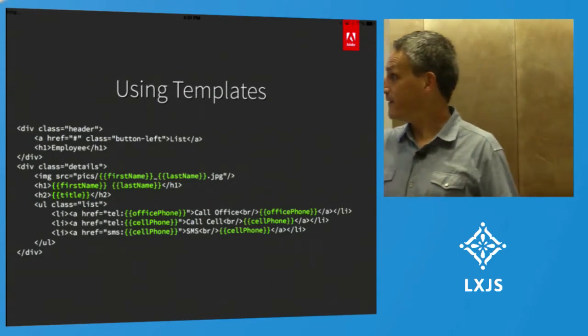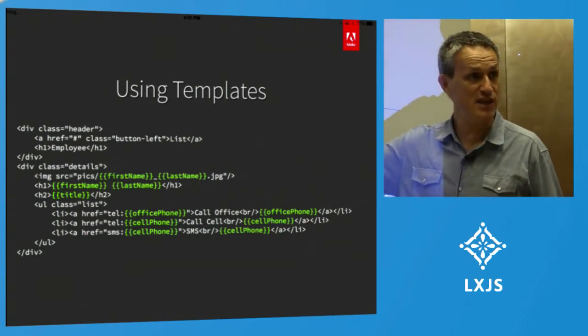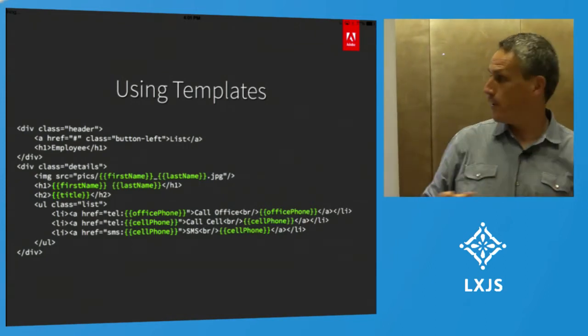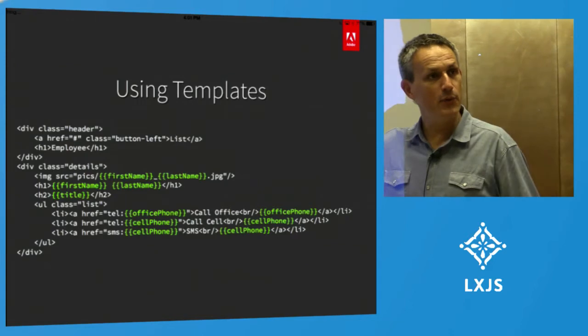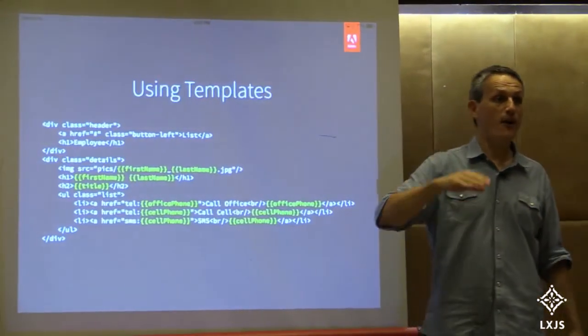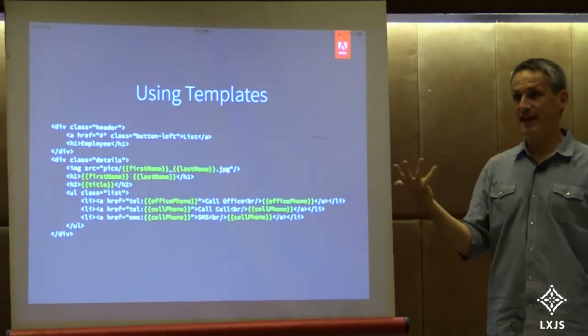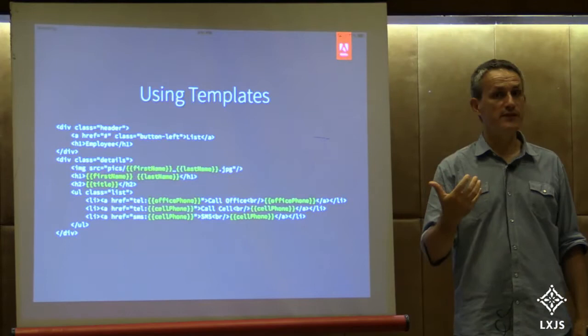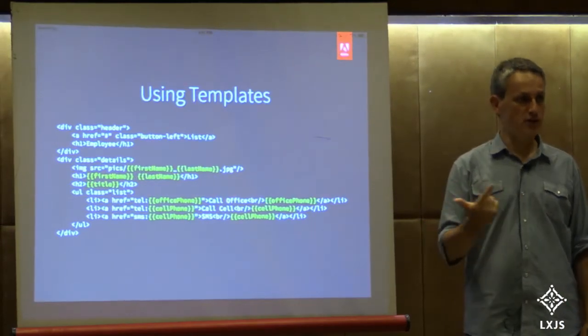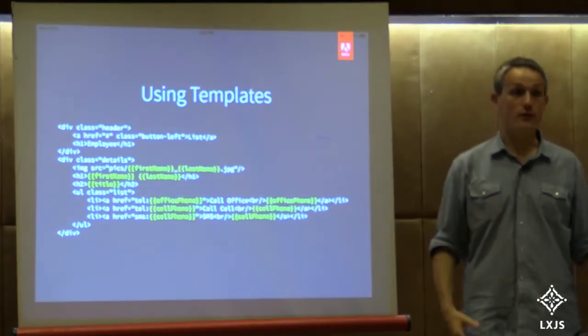Okay? So this is back to plain HTML, but we know that at some point we'll have to put some values in there, so we'll put some placeholders. Now, there are many options out there in terms of which templating engine you use. Mustache.js, Handlebars.js, Underscore.js.